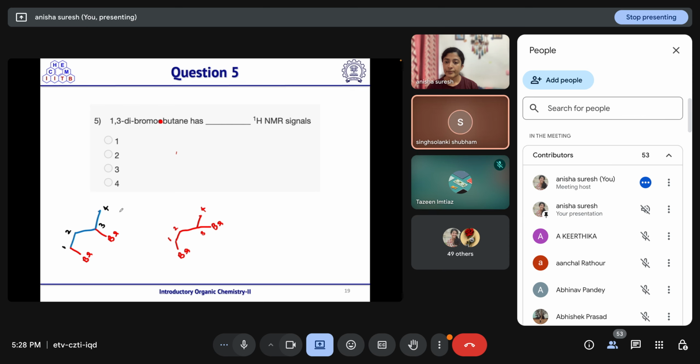Ma'am, 4. 4 signals will be there, because the CH3 here is considered as 1, this CH is considered as 2, this CH2 is considered as the third one, and this CH2 is considered as the fourth one. All these are in different chemical environments, so 4 different signals will be shown in the proton NMR spectrum.